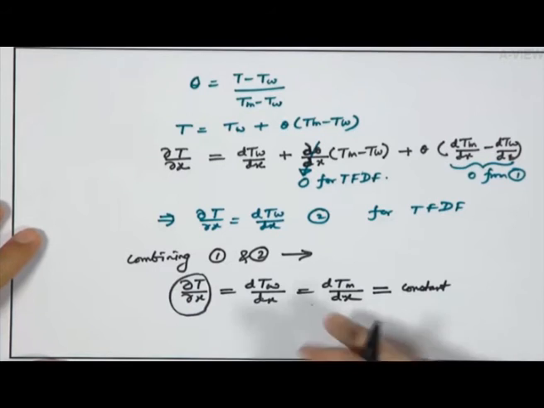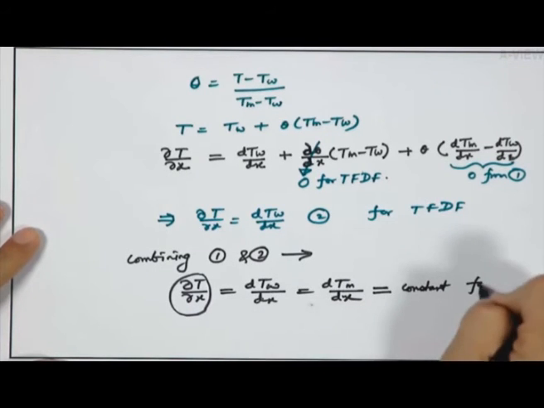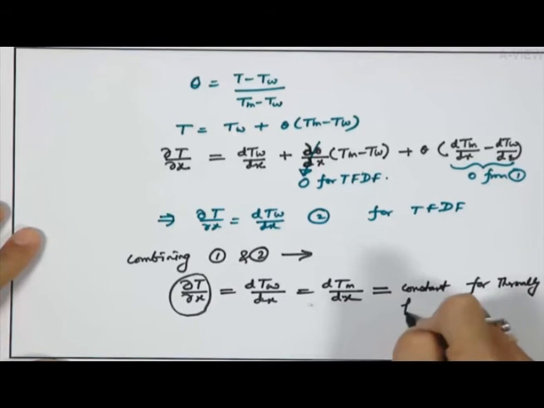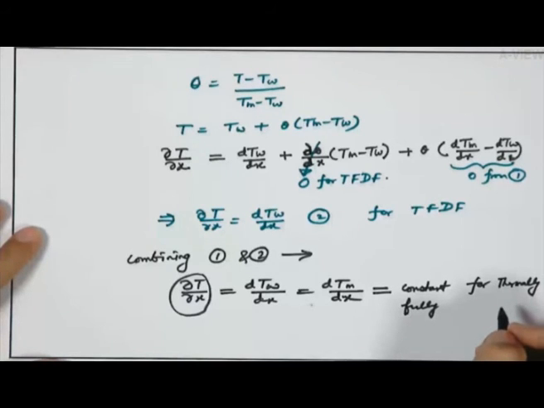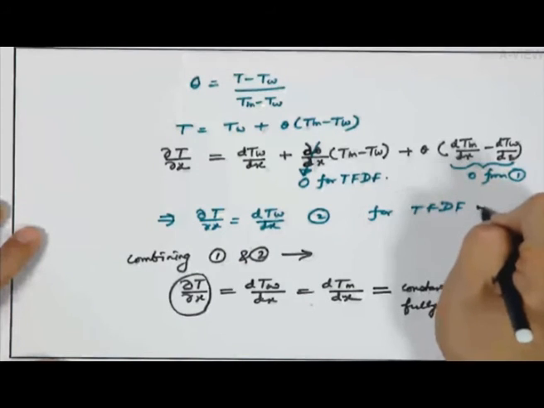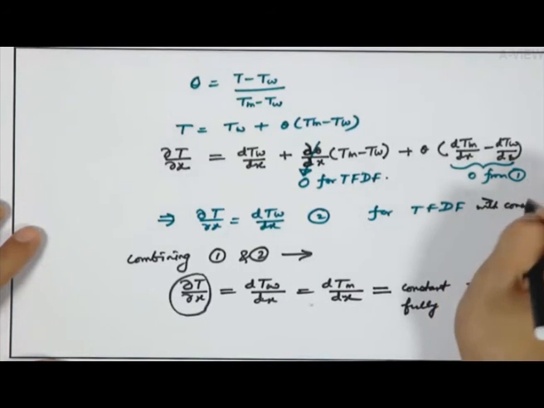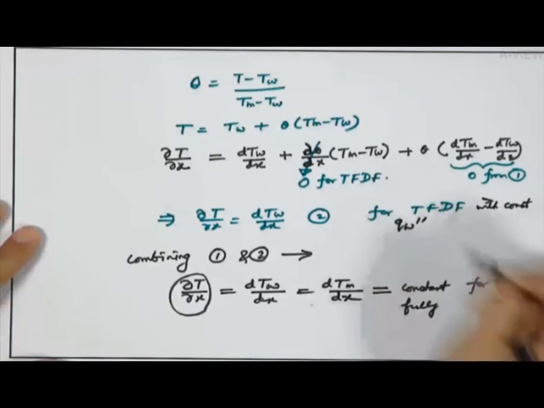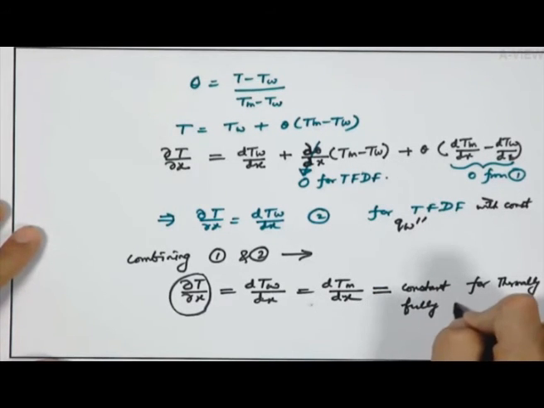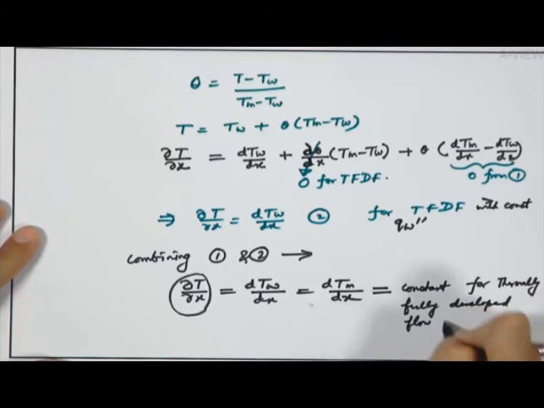So for thermally fully developed flow with constant wall heat flux, because that is the boundary condition that we have taken, that is important, not just thermally fully developed flow.